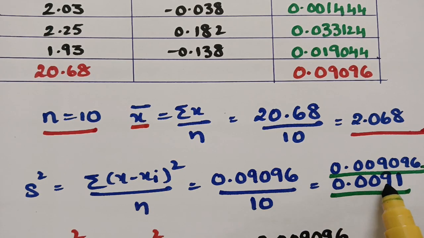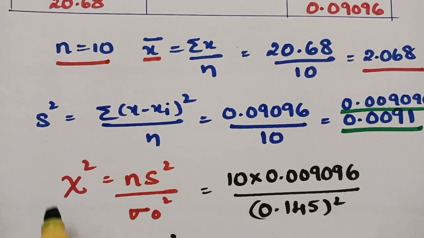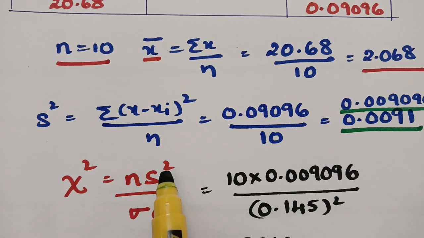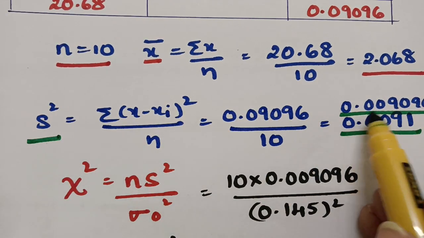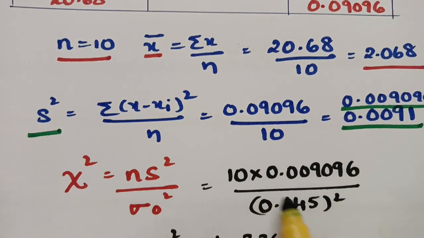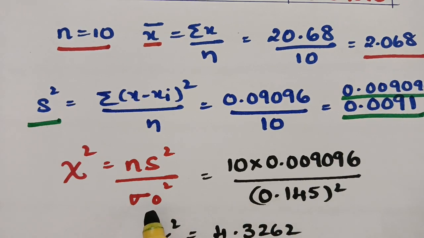The value is 0.009096, the rounded figure. For the test statistic, chi square is equal to n s square by sigma naught square. Here n is 10 rivets, s square is 0.009096, divided by sigma naught square.